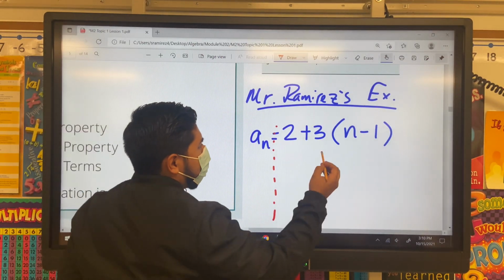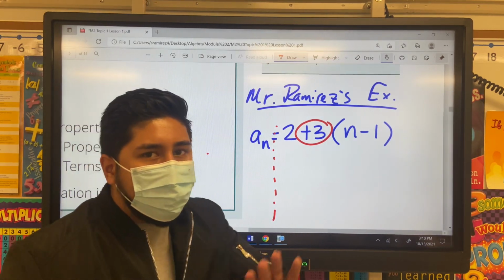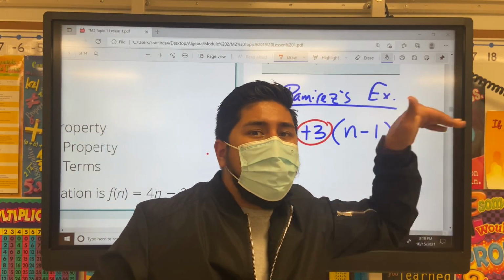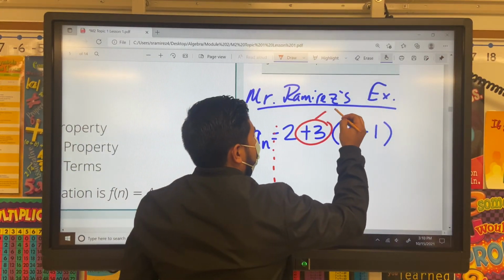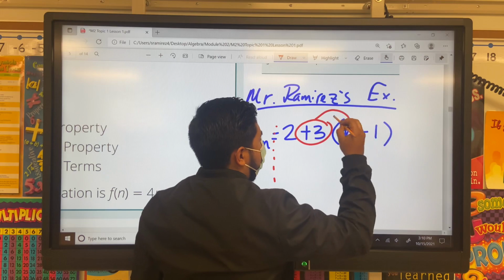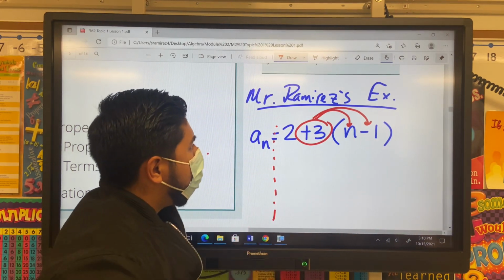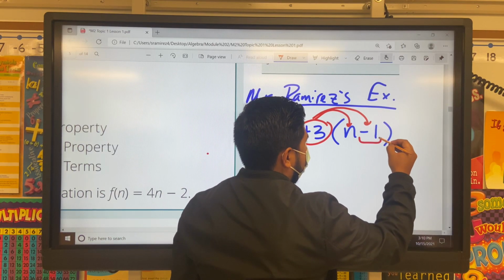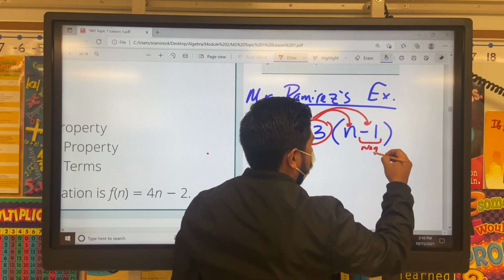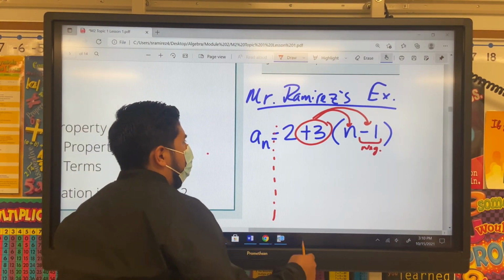Okay, I'm going to circle this positive 3 because that positive 3 will multiply into what's the parentheses. 3 times n, multiplication, 3 times a negative 1. This is a negative 1. Negative, okay? Now we multiply.